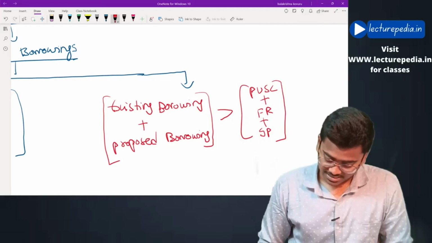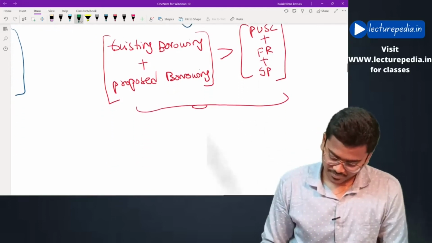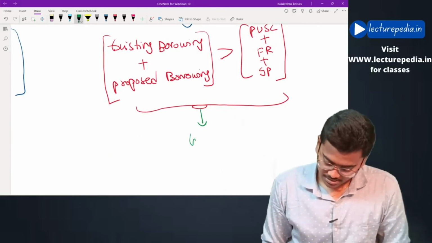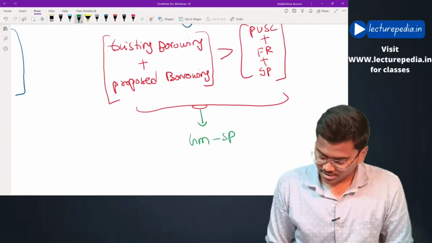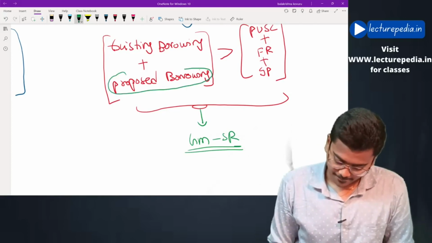Okay, in this case, you need general meeting special resolution for proposed borrowing.